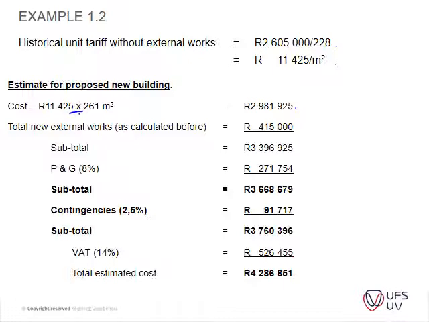You add your previous items which you calculated in the previous slide, and you get your new subtotal. Add your VAT or your P's and G's, and then your contingencies to that, and then you get your new estimated value of your project.